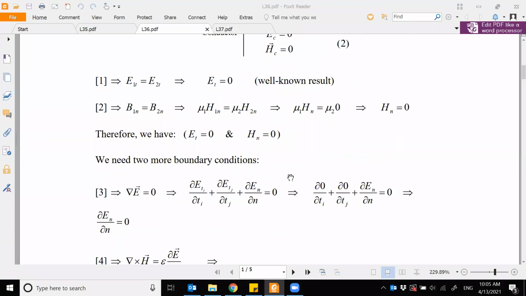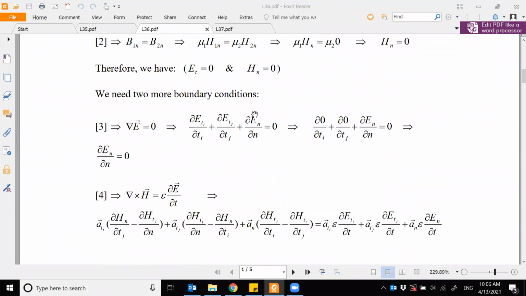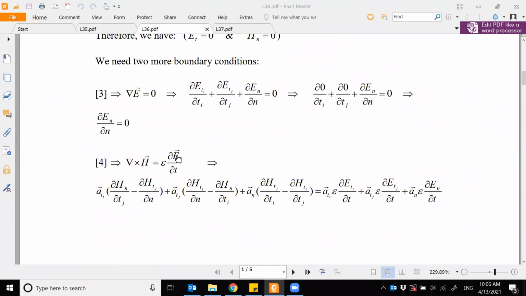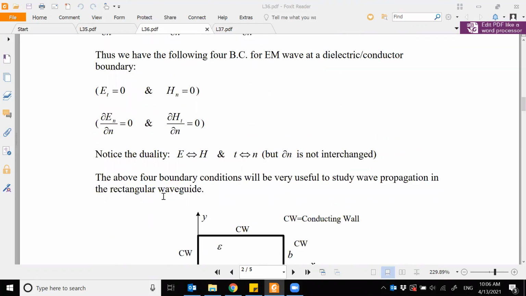But as I told you, we will require more boundary conditions because we will have more unknowns. So what we did, if you remember, is we substituted in this equation to get this boundary condition, and also in del cross H to get the second boundary condition. Now we have four boundary conditions in our hand.